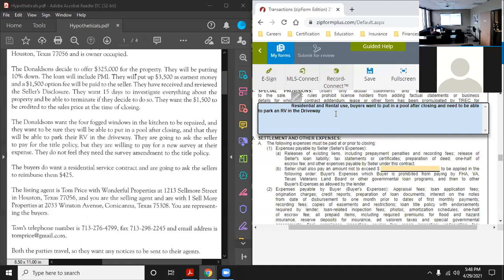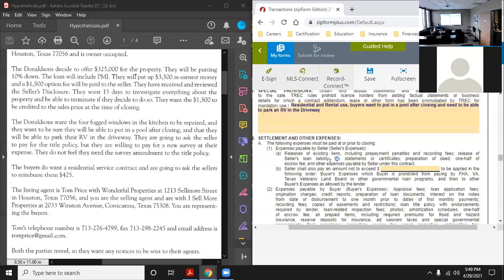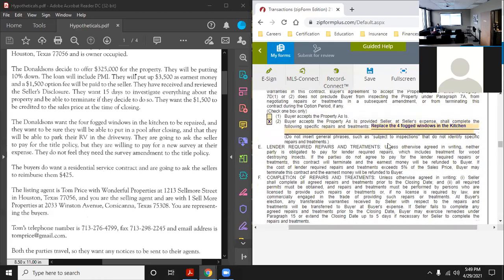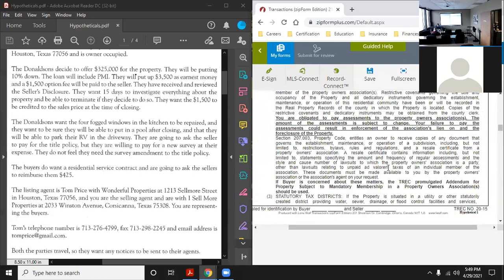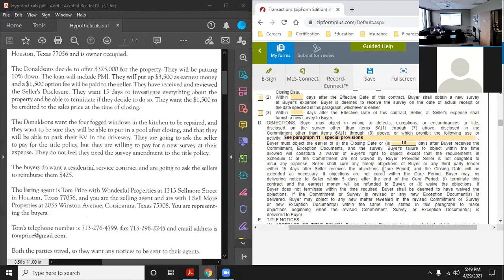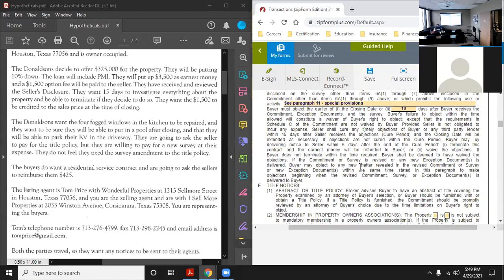That is technically you changing the legal rights, because you cannot put in here that they need to be able to put an RV in the driveway, or that they should have the ability to withdraw from the transaction until whatever date. That's you adding stuff to the contract, and if you do that, that's you practicing law. But since there is a spot for objections, you can just put in that they need to be able to park an RV in the driveway and they want to put a pool in after closing. So you can set that there as well.